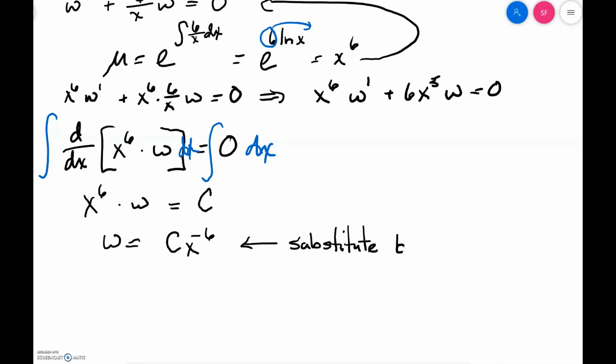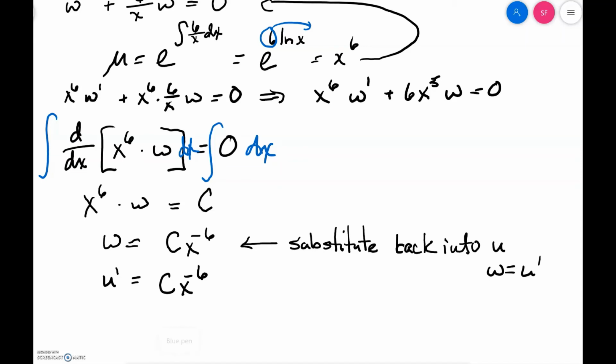So we said that w was u prime. So this is actually u prime equals my arbitrary constant x to the negative 6.